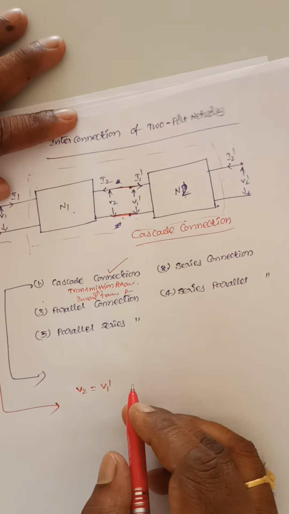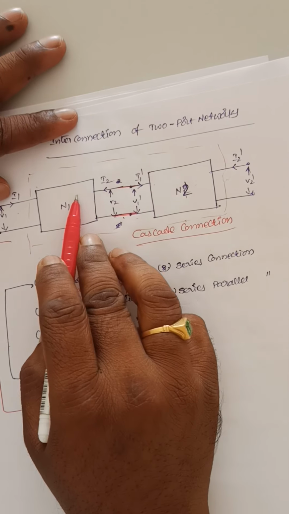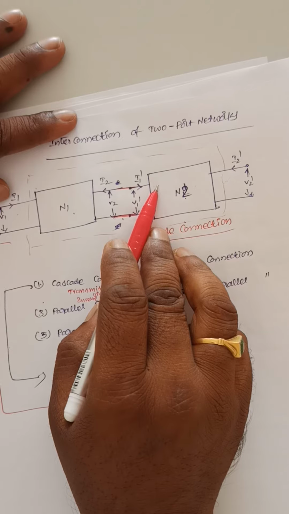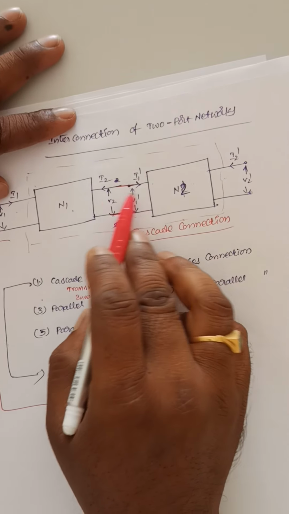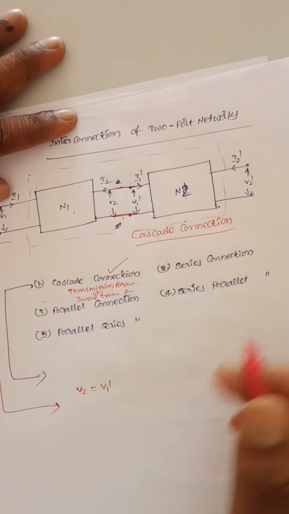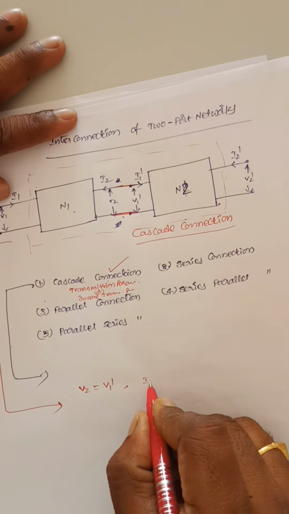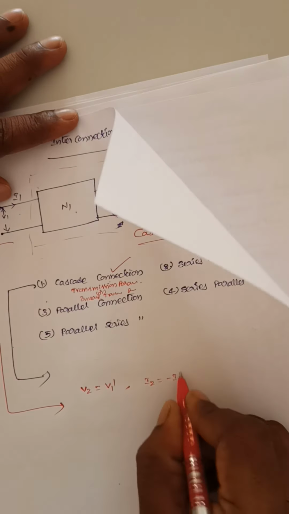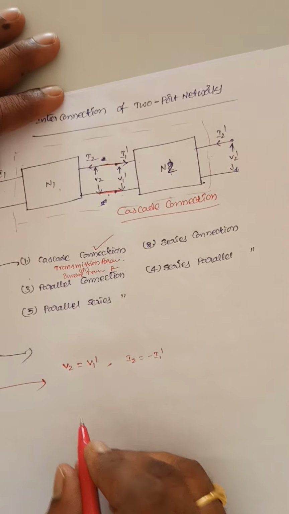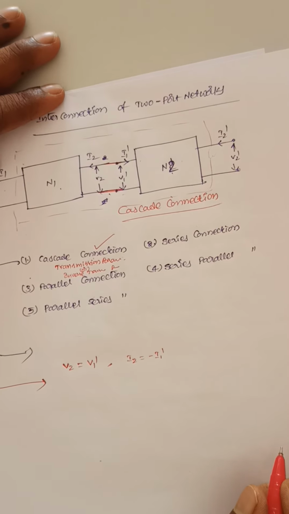So V2 is equal to V1 dash. And this is the direction of I2 and this is the direction of I1 dash. Both are in opposite directions, so I2 is equal to minus I1 dash. This is the condition.